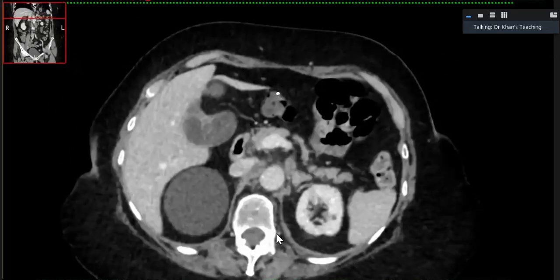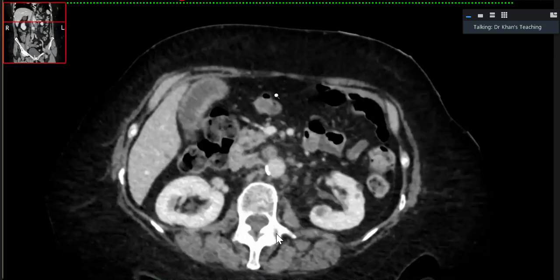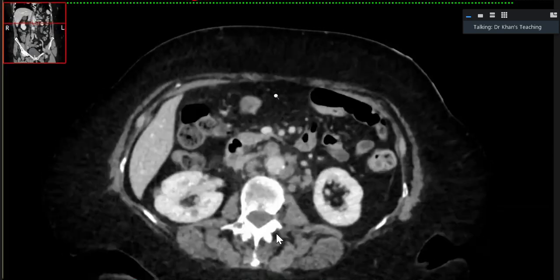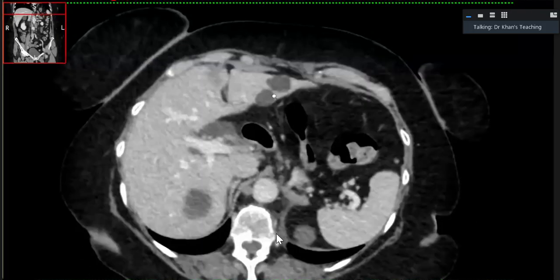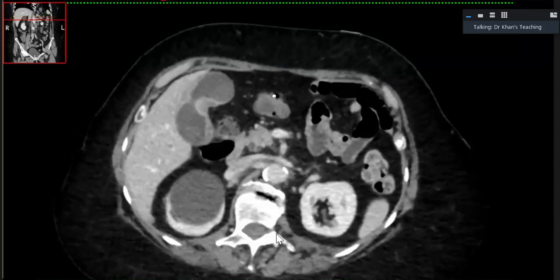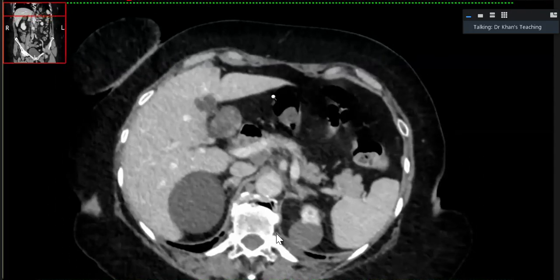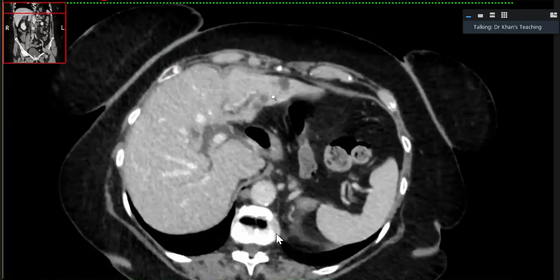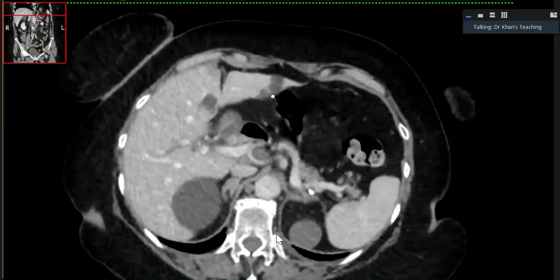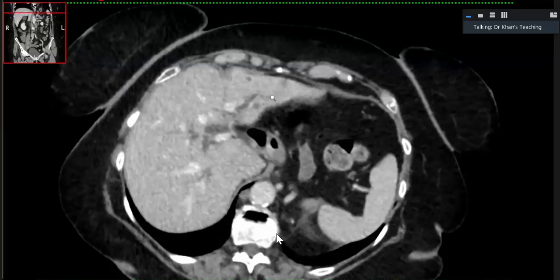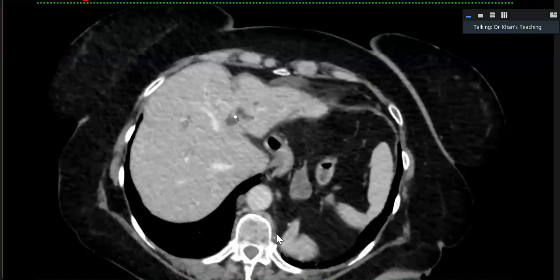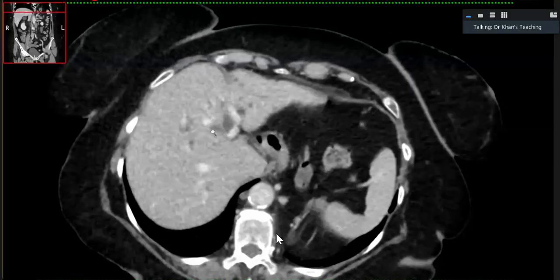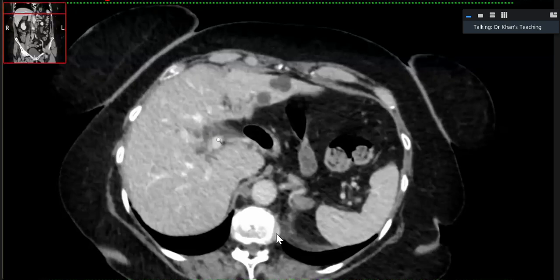So this case is a mid extrahepatic biliary duct lesion, in the distal common hepatic duct, which is causing intrahepatic duct dilatation. This is a cholangiocarcinoma. Here we can see intrahepatic duct dilatation.